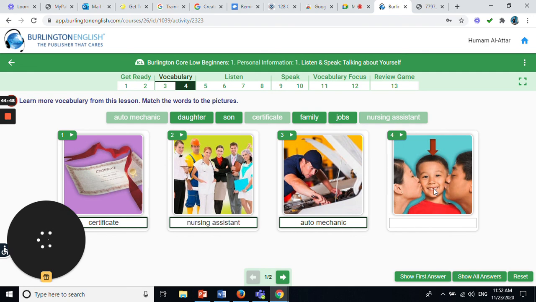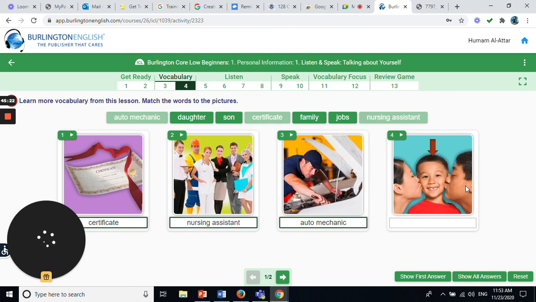Okay, children means more than one, like 2 children, 3 children, 4 children. For one, we say child. And here we have only one child, and it's a boy. So this is his mother, and this is his father, and they are trying to kiss him from both sides.